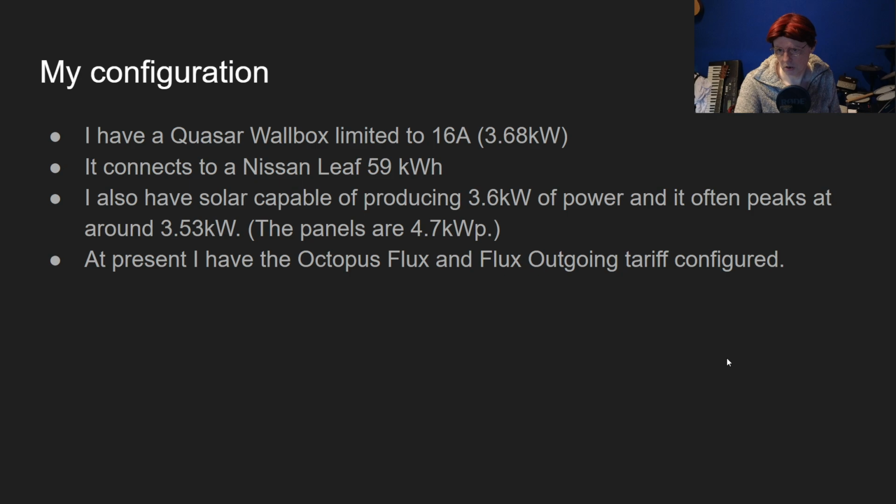What have I got? I've got a Quasar Wallbox. Mine is limited to 16 amps because of the permission that I have. I've got a Nissan Leaf E Plus, which is 59 kilowatt hour capacity battery. I also have solar generation, and that can produce up to 3.6 kilowatts of power.